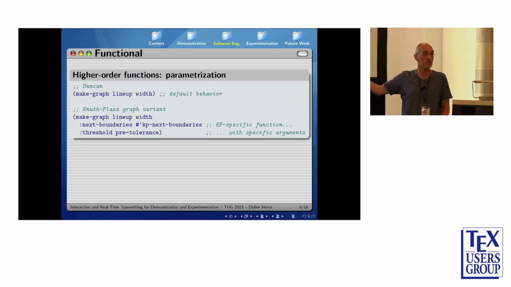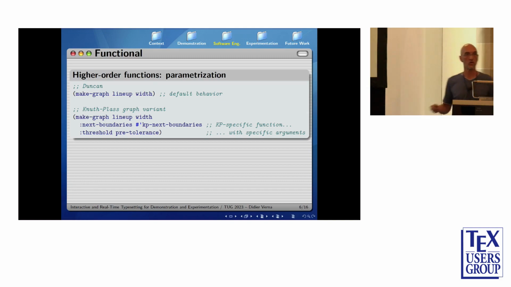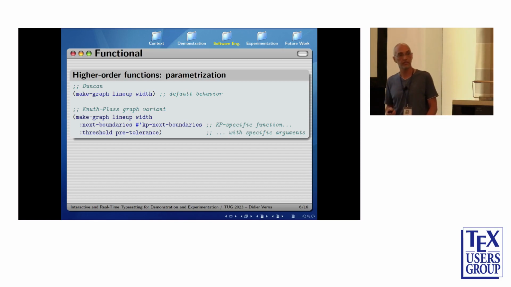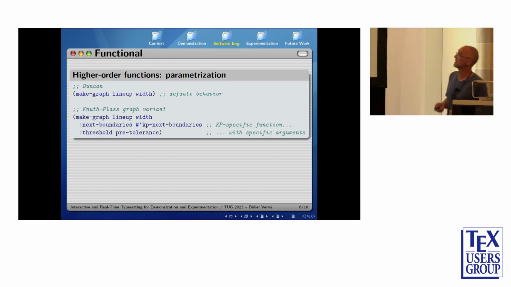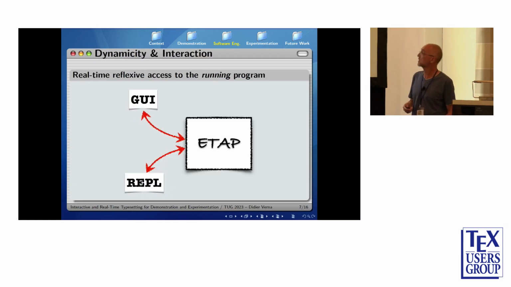This belongs to the functional programming paradigm. This is called higher order functions. You can pass a function to perform some computation as an argument to another function, and it avoids the complete duplication of the full implementation of the makeGraph function. So that's just two examples explaining why the platform is actually quite concise.